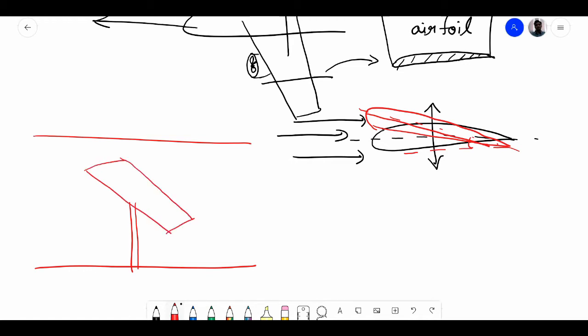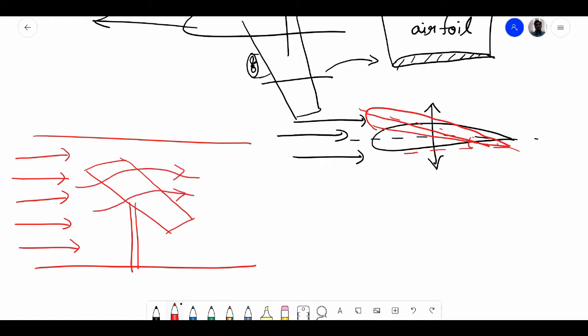Just the wing you can put, if you just want to know how much lift will be generated by this wing, and have a controlled flow of air like this, which you expect in a real condition, and then there will be a flow something like this.